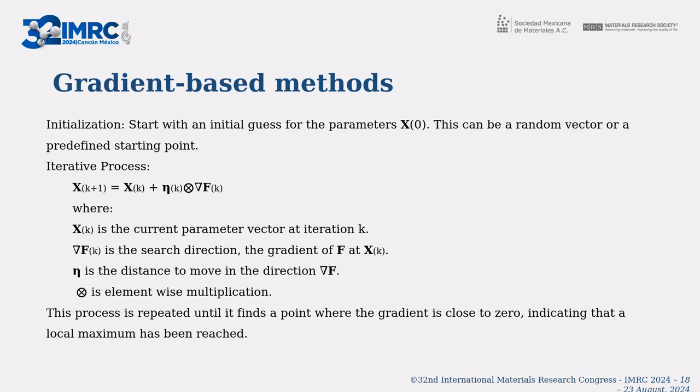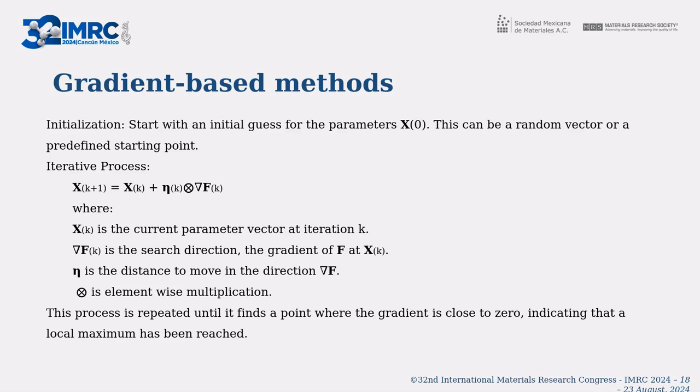To navigate the multidimensional space, two key steps are involved. First, determining the direction in which the algorithm should move from its current position, using the positive gradient in our case. And second, calculating the distance to move in that direction.